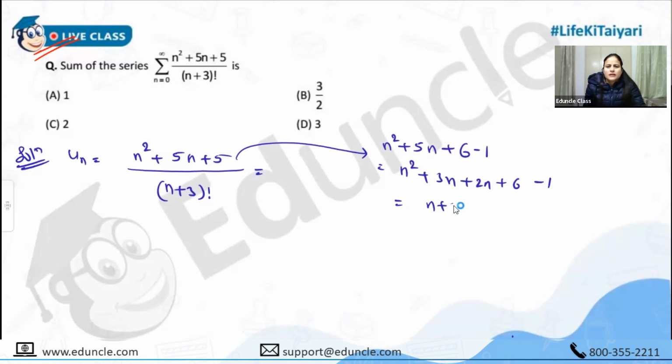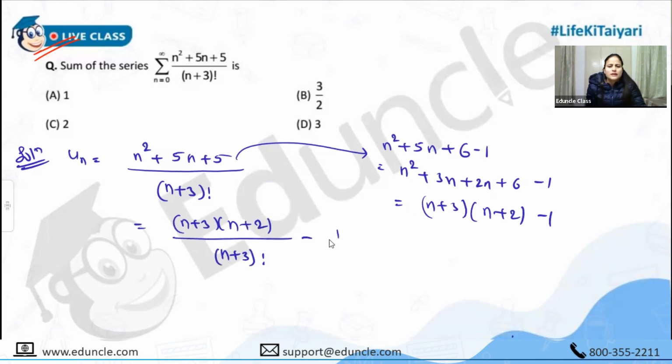So it is nothing but n plus 3 into n plus 2 minus 1. So this nth term is now written as n plus 3 into n plus 2 divided by n plus 3 factorial, minus 1 upon n plus 3 factorial.